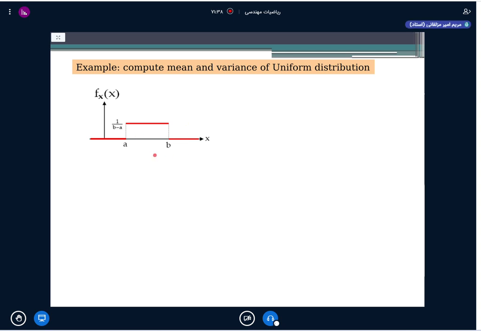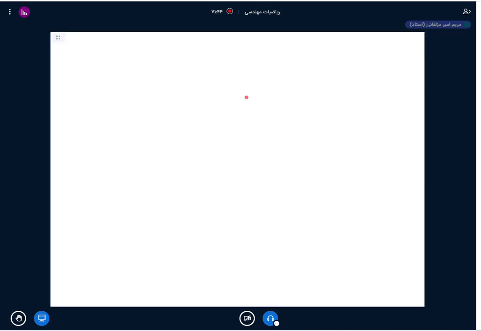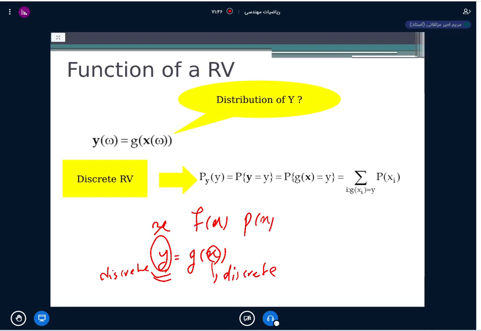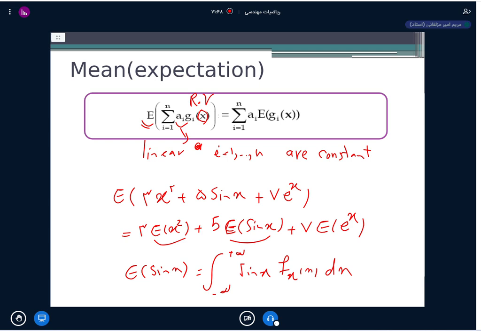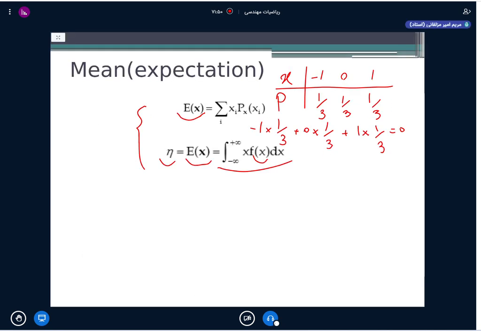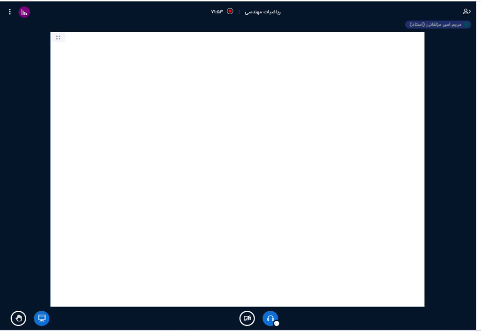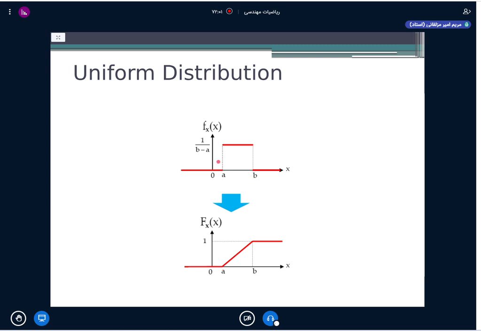What's the name of this PDF? We discussed this distribution, this PDF here. This is a uniform distribution. Okay, this is the uniform distribution.